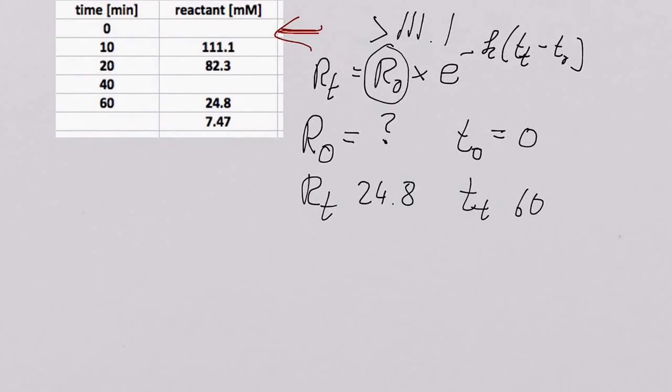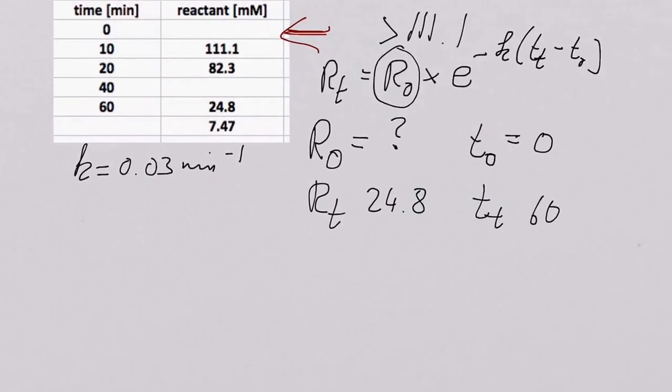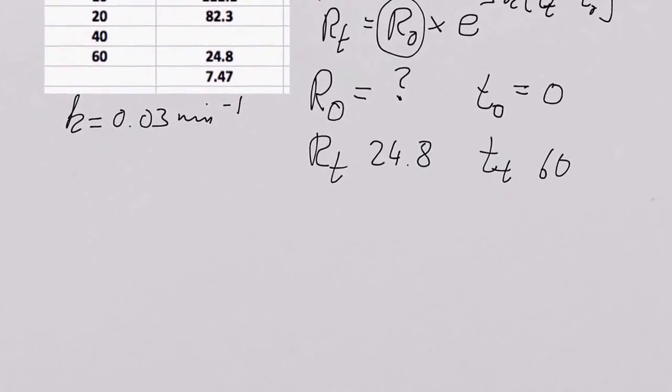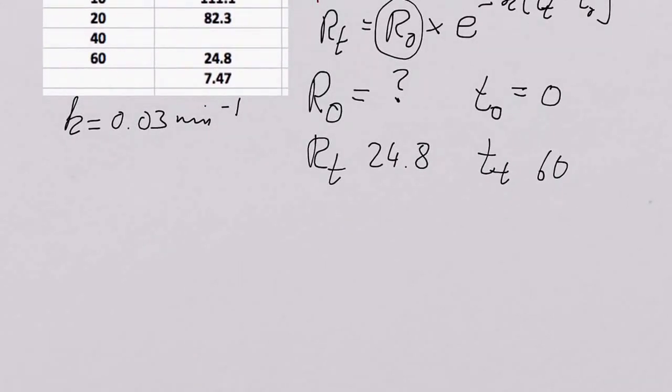And what was our k? 0.03 minute to the minus 1, exactly. Okay, so now it's fairly simple. All we need to do is just whack in these numbers.